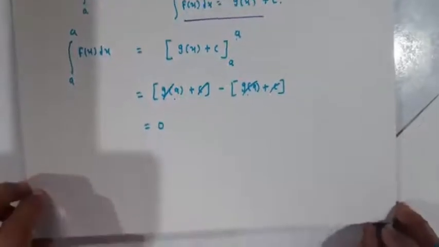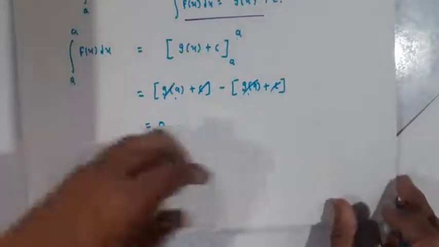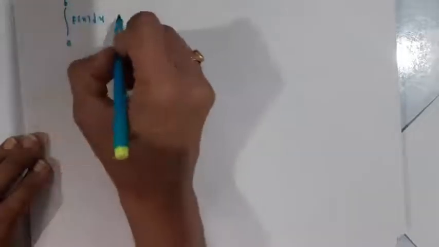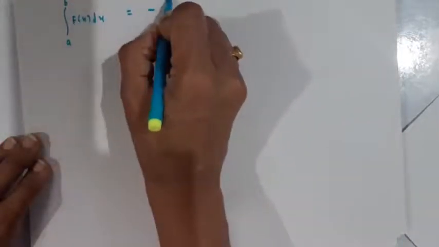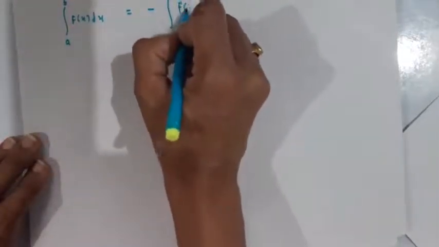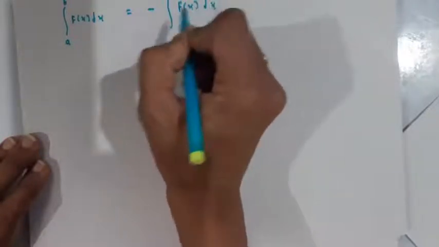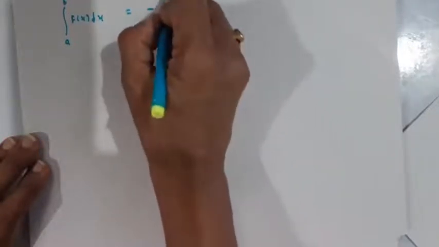Now the second property is that, let us take another property, the integration of f of x with respect to x with limits of integration from a to b equal to minus integration of f of x dx with limits b to a.